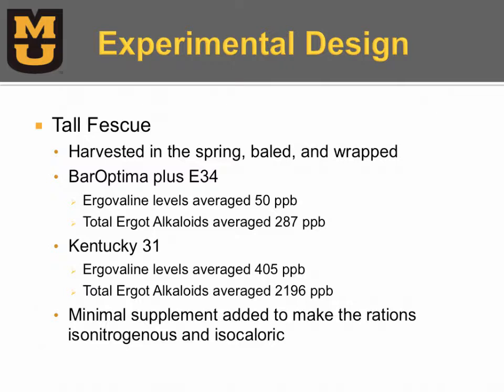The Kentucky 31 ergovaline levels averaged 405 parts per billion and total ergot alkaloids averaged 2,196 parts per billion. For the rations, I used minimal supplement to make them isonitrogenous and isocaloric.